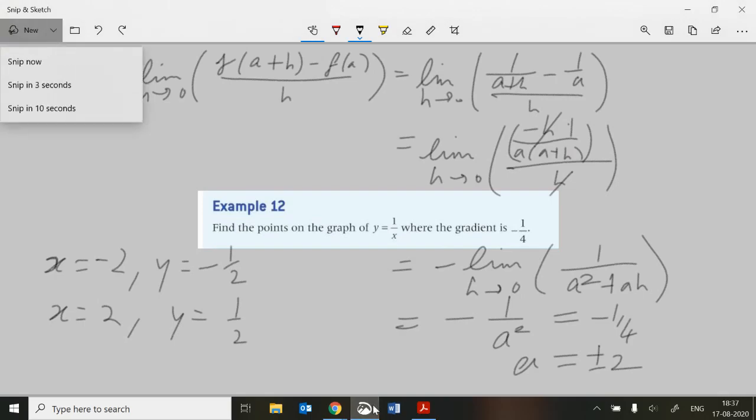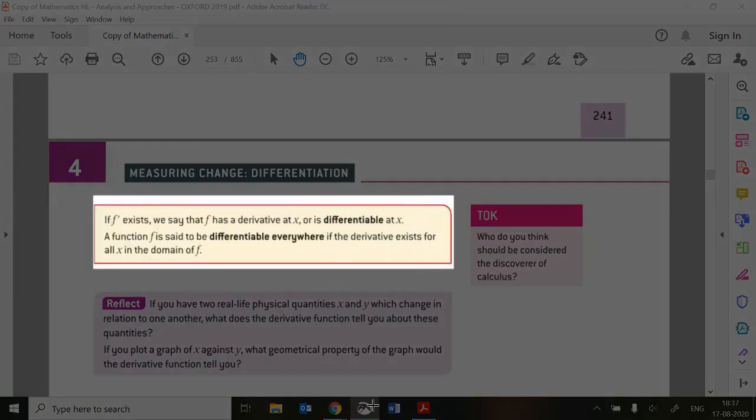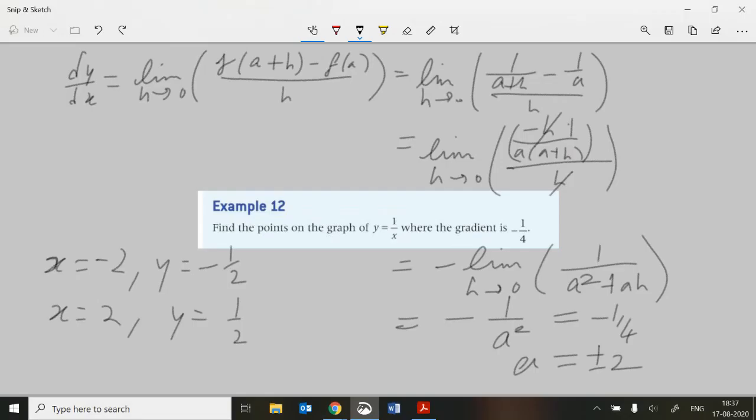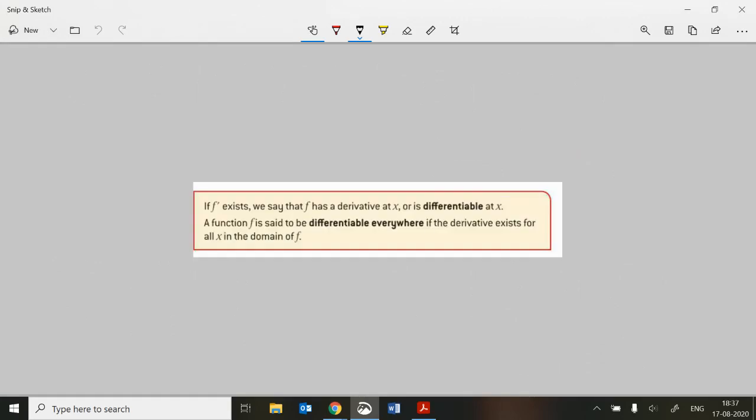And let's just take this one and read it through. It says, if f dash of x exists, we say that f has a derivative at x or is differentiable at x. And a function is said to be differentiable everywhere if the derivative exists for all x in the domain of f.